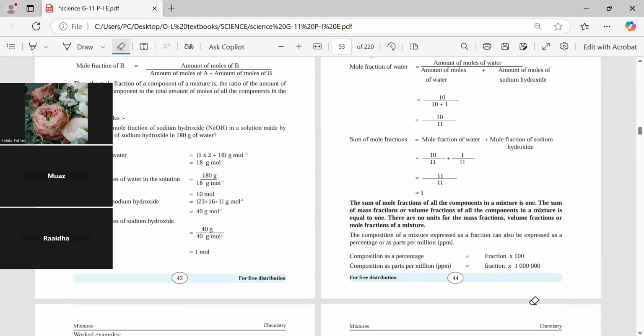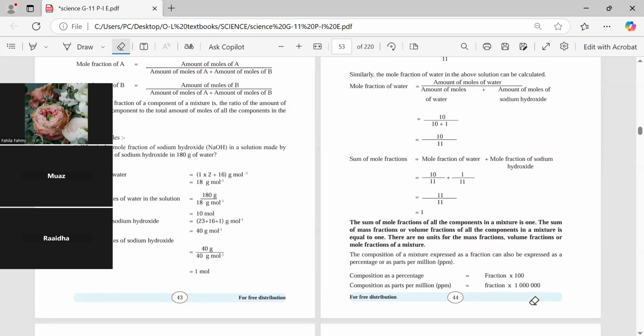So why are we multiplying things by 1 million? Because Puta, when we are working with these chemicals, we are working with very minute amounts. So it's easier if we can give this. Minute amounts in the sense that we are working with mole fractions. Now you should understand 1 mole is 6.022 into 10 to the power 23 atoms.